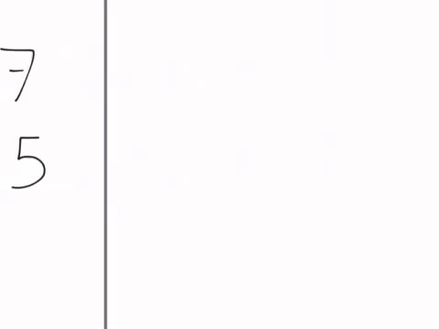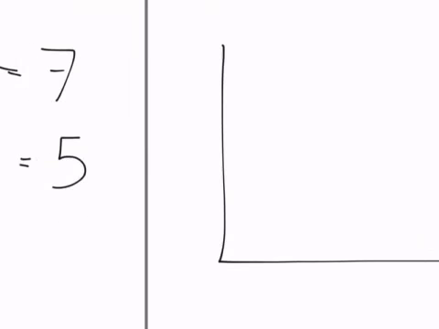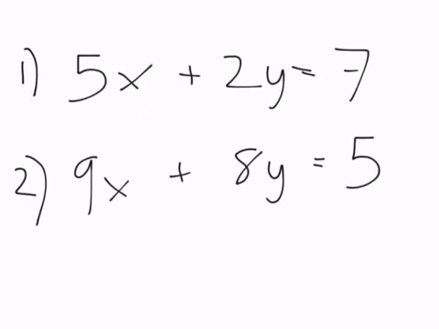So the first way of solving a simultaneous equation is by graphing the two equations. If we draw it on a graph, what we generally see is that both equations are lines. This is a line because you can rearrange this equation to get y = (7 - 5x)/2, in the form of y = mx + c.